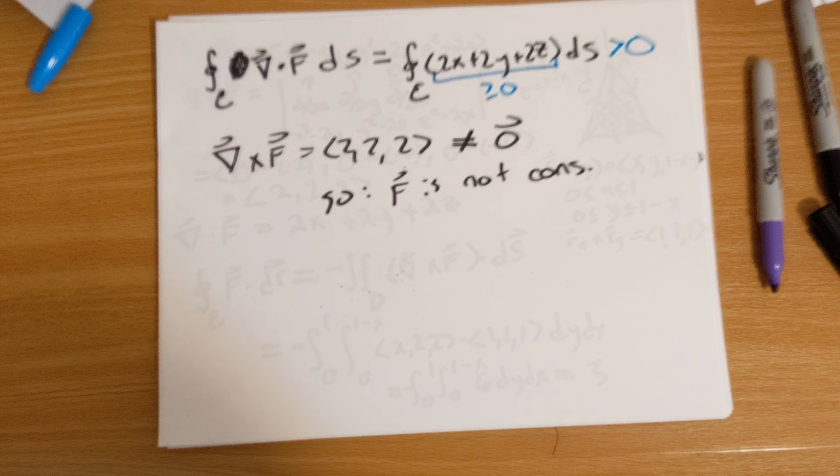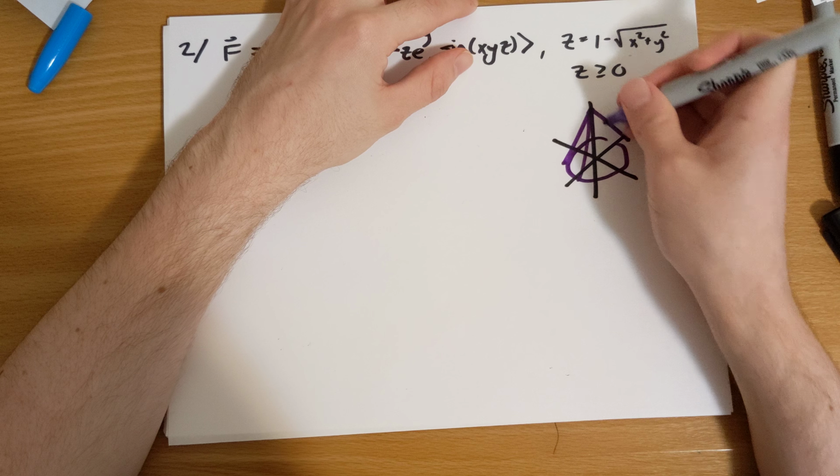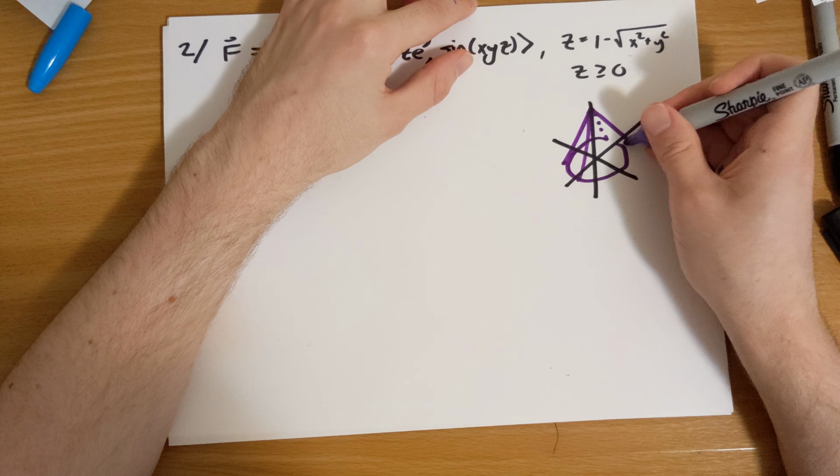Problem number 2 says, use Stokes' theorem to evaluate the flux of the curl of f through the surface, where f is this vector field here. And the surface is going to be, let's draw a picture here. It's this cone right there.